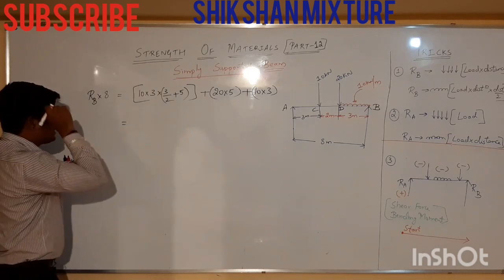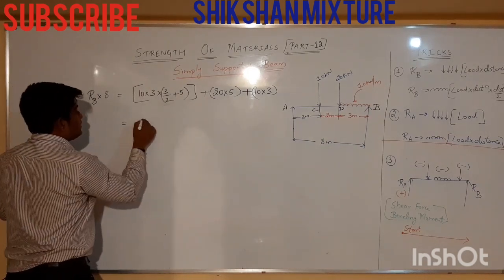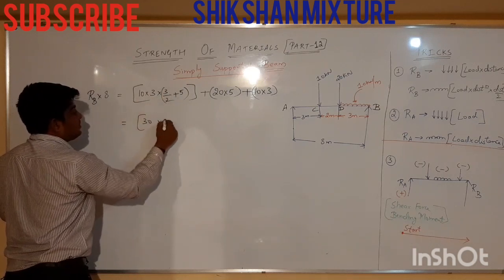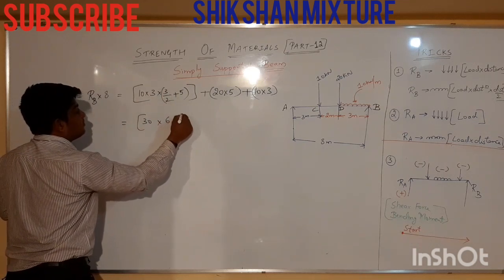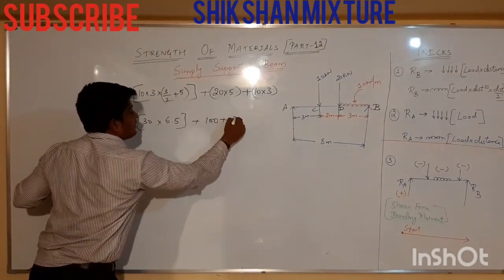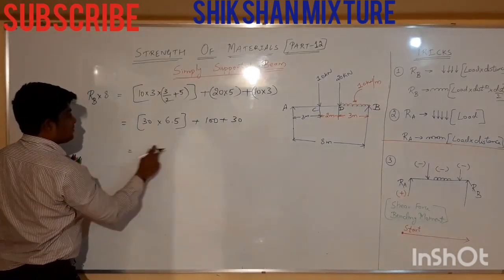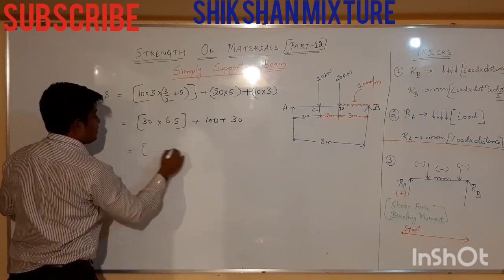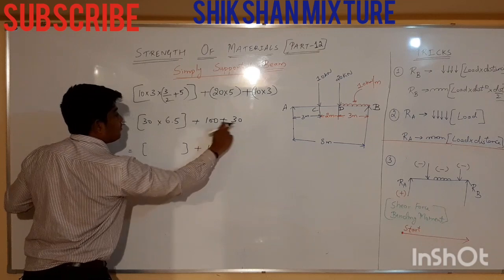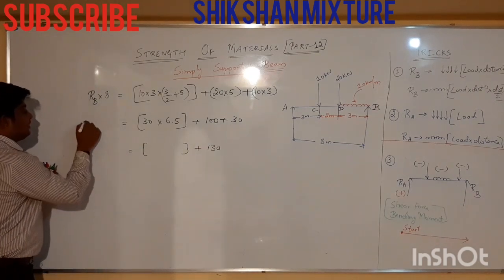This will be 30 into 6.5, plus this will be 100, and this will be 30. Next, if you add this one, it will be 130, and this will be on the left hand side.